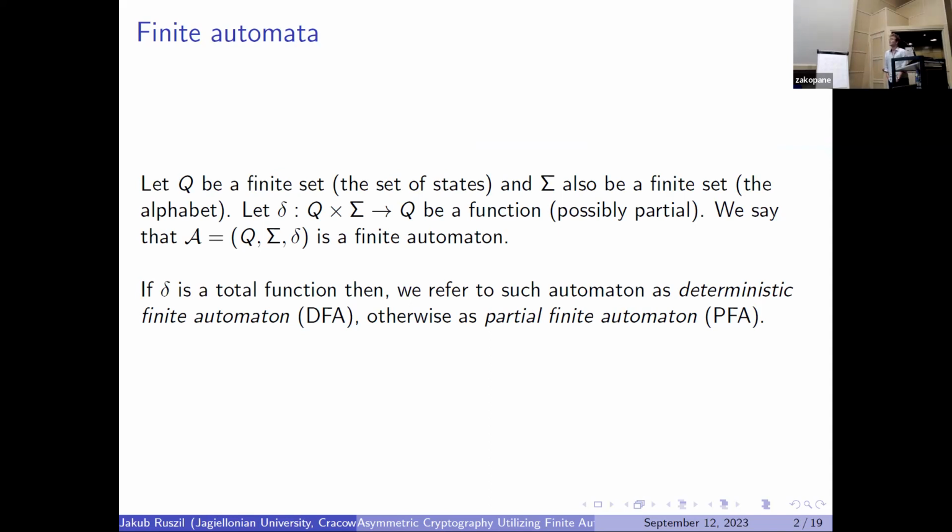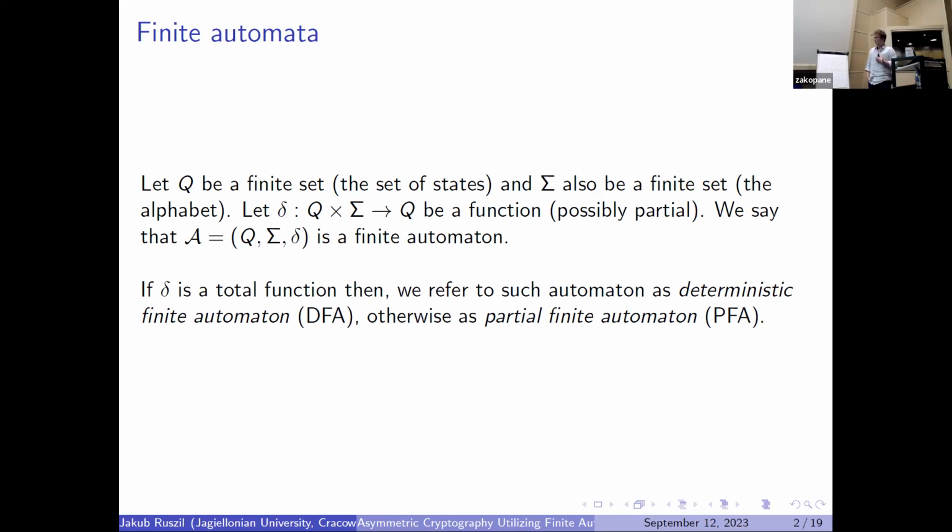Okay, so an automaton is a triple of three elements. The first is a finite set of states, Q. Sigma is also a finite set of letters, the alphabet, and delta is a transition function, which may be partial, from the Cartesian product Q times sigma into Q. Just to make things clear, if delta is a total function, then we refer to such an automaton as a deterministic finite automaton, otherwise as a partial finite automaton.